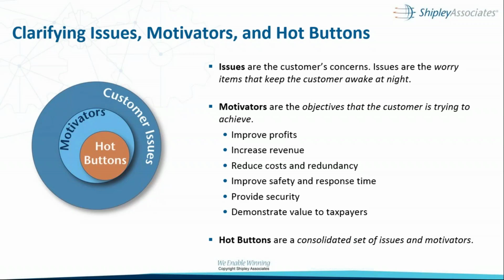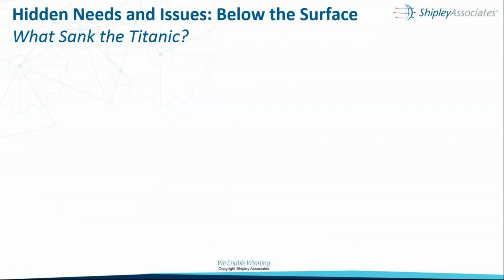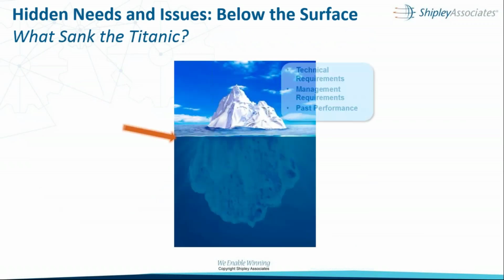So next slide, Mallory, please. So really defining a good win strategy or proposal strategy requires an understanding of those motivators and issues. So let's assume we're responding to an RFP. Think about this like an iceberg.